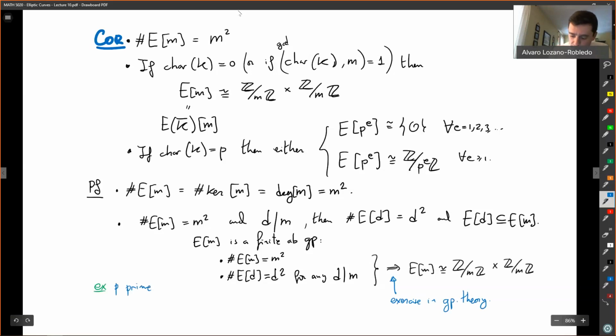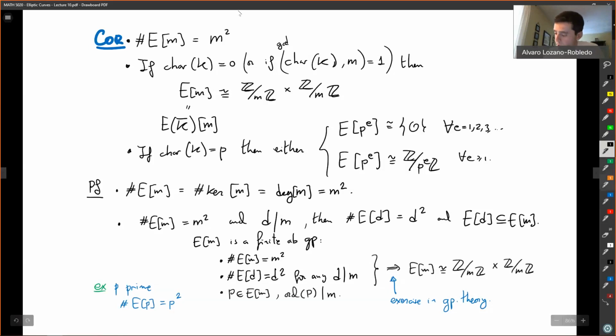We have that E[p] is a finite abelian group of size p squared, but also, one key property is that if P is in E[m], then the order of P divides m, right?